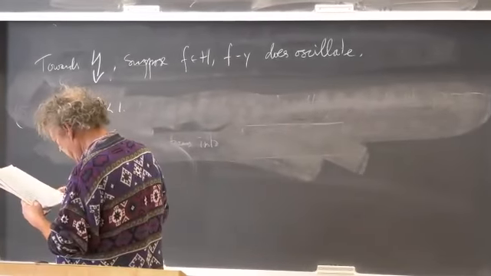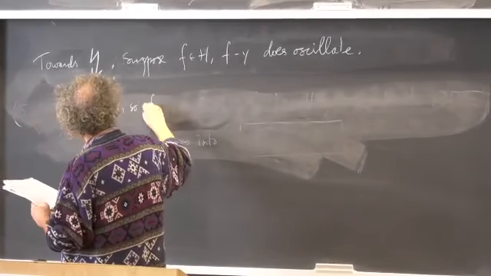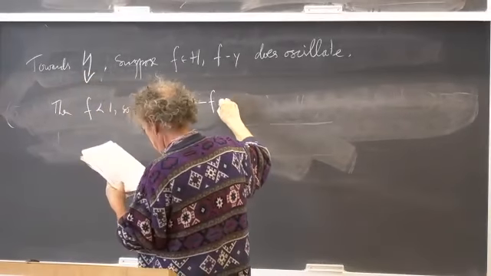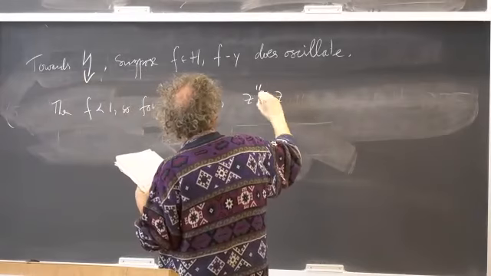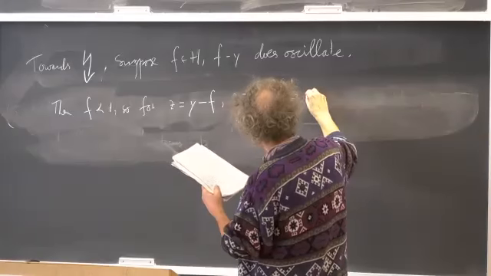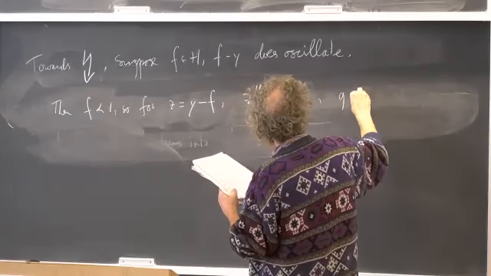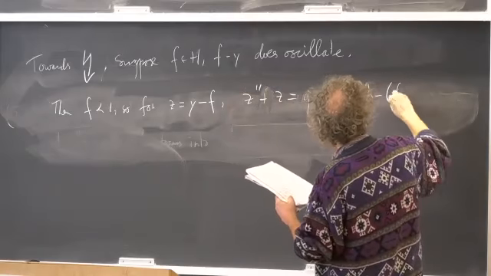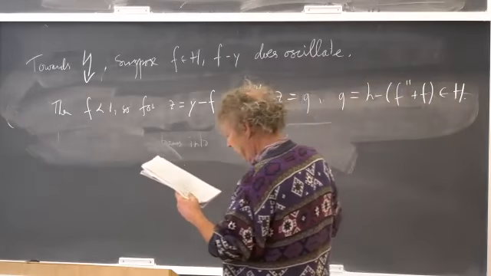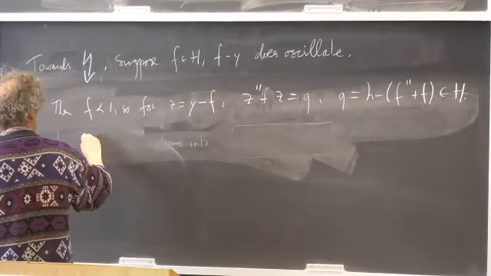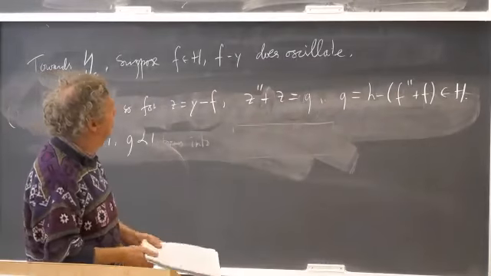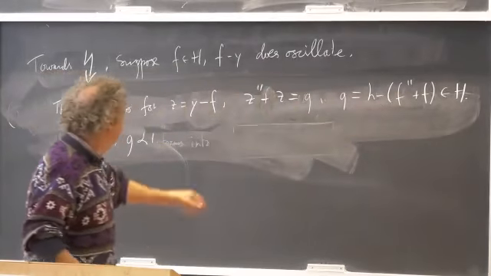And so for z equals y minus f, z double prime plus z equals g, where g equals h minus f double prime plus f, which is still in H, and z will still be infinitesimal, and g will be infinitesimal. Everything here is infinitesimal.